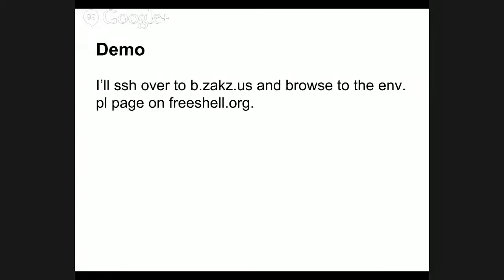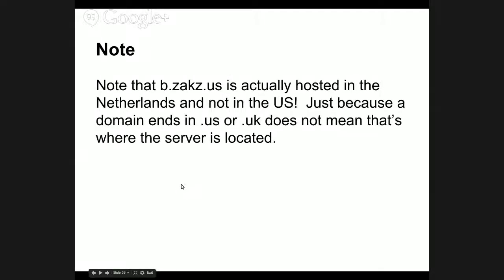I'll just quickly exit out of that. So basically what I'm trying to say is that the last part of the domain need not correspond with the actual location. Just because the domain ends in US or UK doesn't mean that's where the server is actually located.